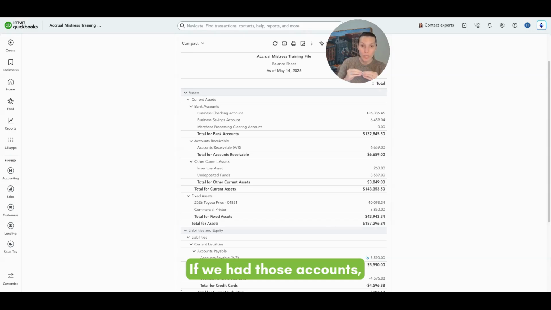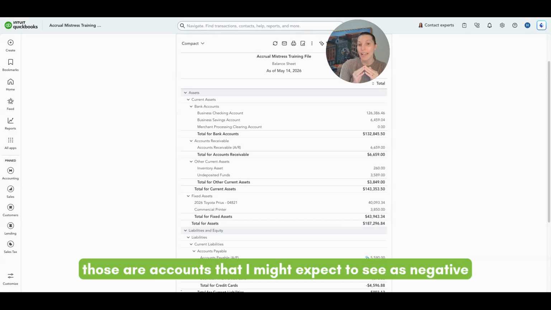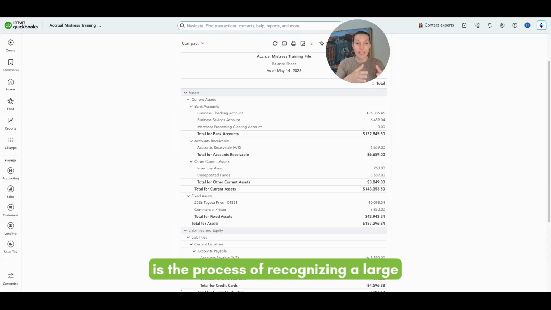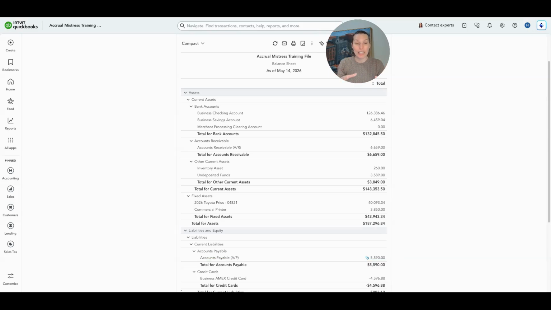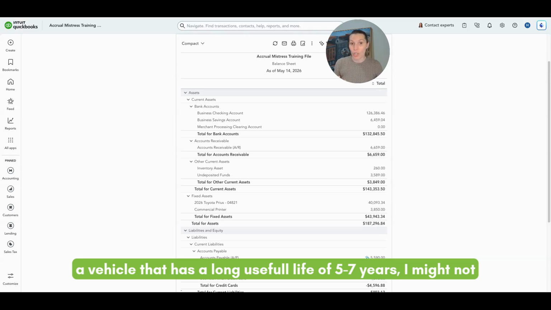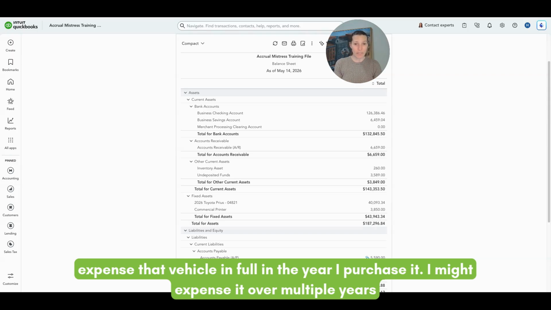If we had those accounts, those are accounts that I might expect to see as negative amounts because depreciation is the process of recognizing a large expense over time effectively, okay? So something like a vehicle that has a long useful life of 5 to 7 years, I might not expense that vehicle in full in the year I purchase it.